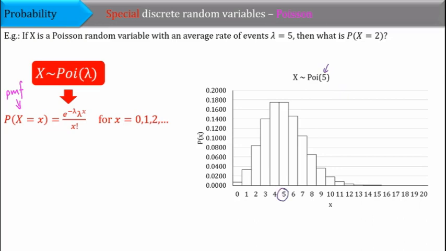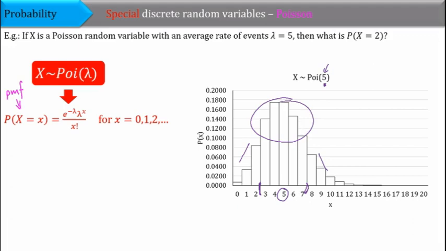This is 5, which is the average, and we have the high bars situated around 5. High bars up to here, high bars up to there. So here they become a bit lower, there they become a bit lower. But the point is, the high bars are around 5, which is what we expected because the average is 5.